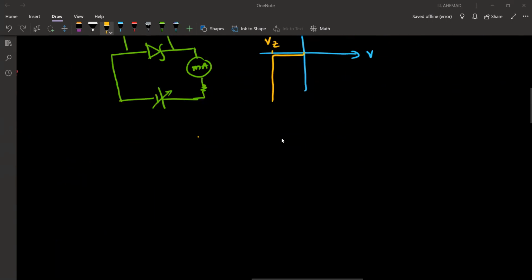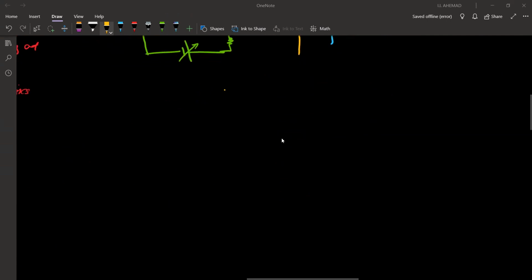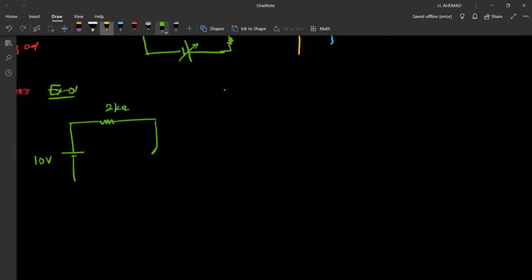Let's look at an example related to Zener. It is very similar to what we did with diodes. Okay, example one.